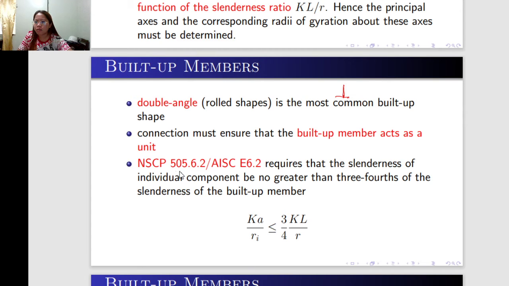So this provision requires that the slenderness of the individual component, Ka over ri, should be less than or equal to 3/4 of the slenderness ratio of the whole built-up member.